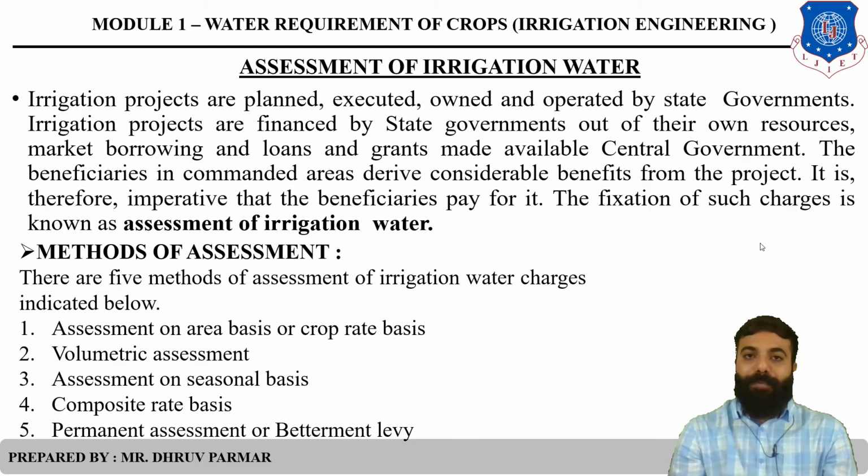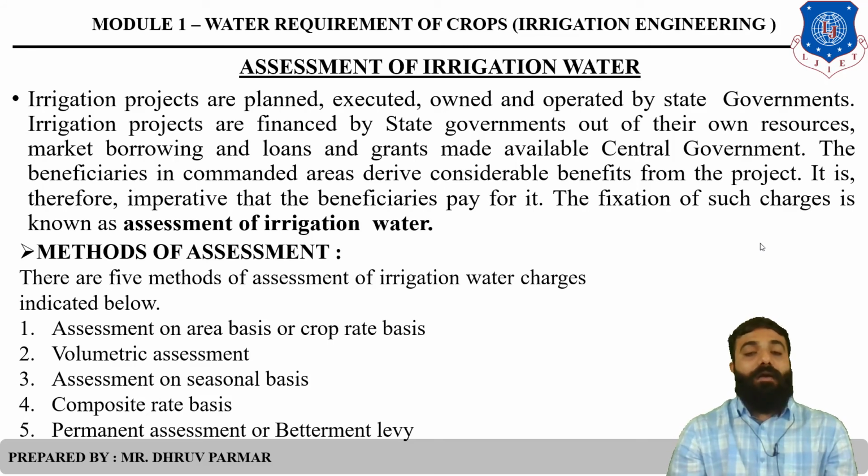So we can apply some meters, clear, to calculate that particular amount of water. This will be an ideal system, clear, for irrigation. And there are some drawbacks in volumetric assessment. You know how we calculate that amount of water. So we require meters, clear, to calculate the water.